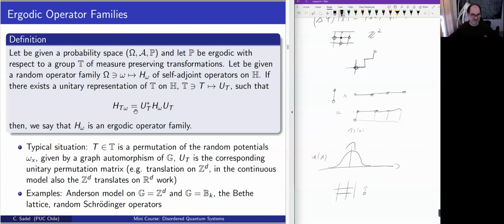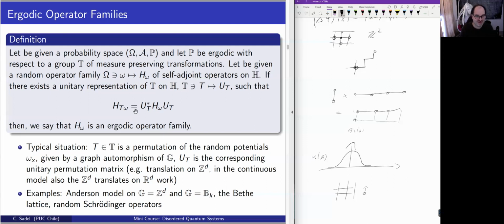This shift translates into a unitary operator on L2(Z^d), and the discrete Laplacian is invariant under this unitary operator because it's a graph automorphism.